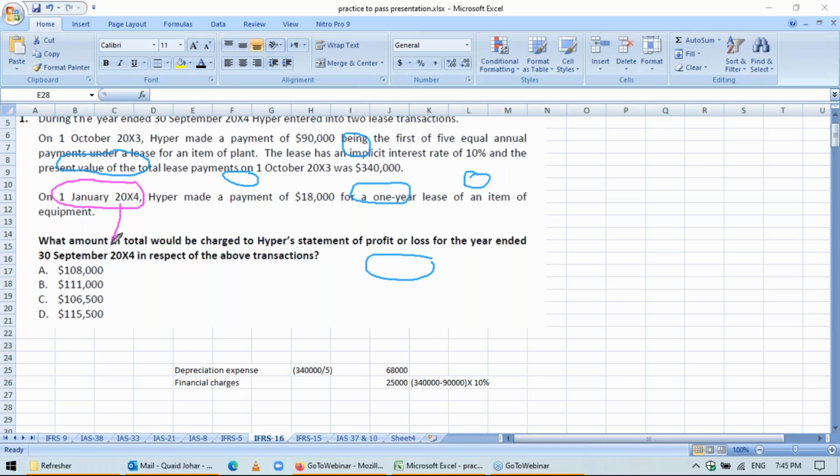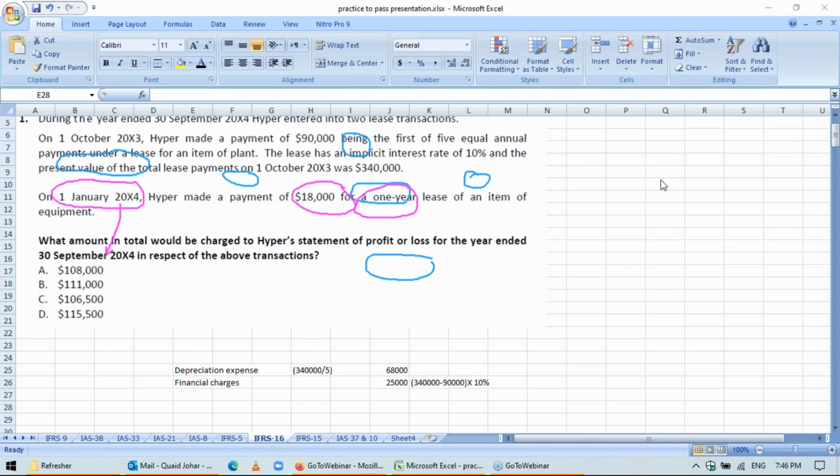So from this date till 30th September, this makes 9 months. They made a payment of 18,000, and this lease is just for 1 year's time. This is a short-term lease. In this case, you won't be recognizing right of use and liability. You will directly charge rent expense in the profit and loss account, but not for a year, for 9 months, because the expense depends on the services you have taken. So you have just taken services of 9 months in this year.